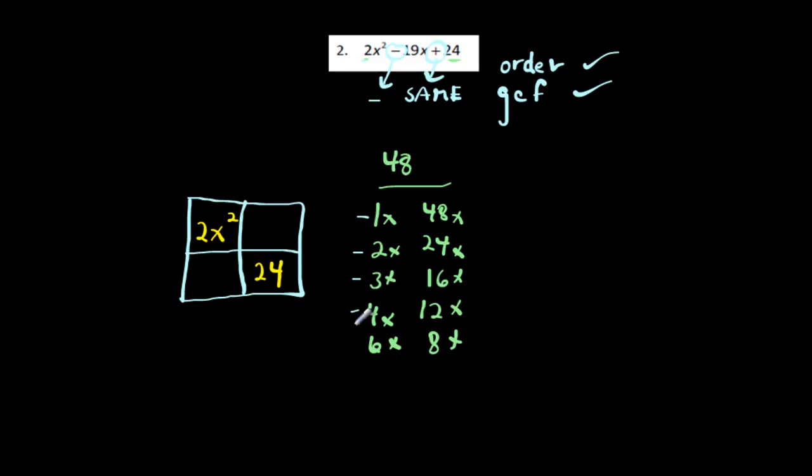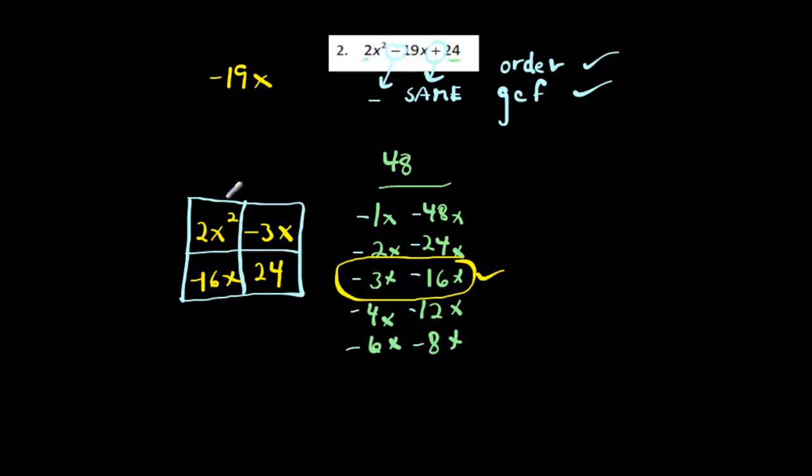So they're all going to be negative. Now the question is, which of these has a combination that adds up to negative 19x? It's going to be this one right here. So let's drop those in, negative 3x and negative 16x.